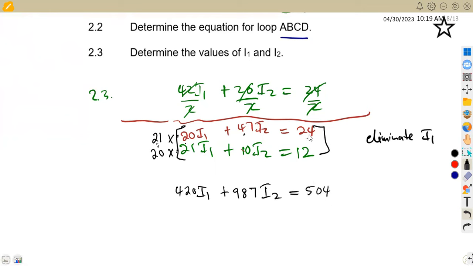You multiply every part of this equation. Equation 2, you do the same by 20. 20 times 21 gives us 420 I1. 20 times 10 gives us 200 I2, is equal to 20 times 12, which gives us 240 in this case.